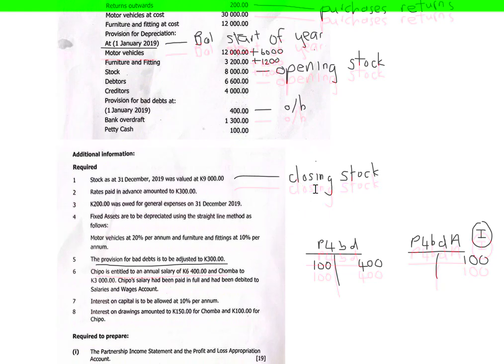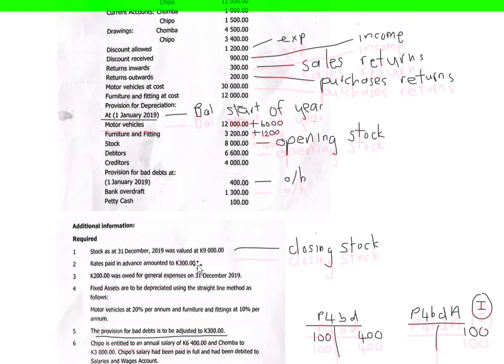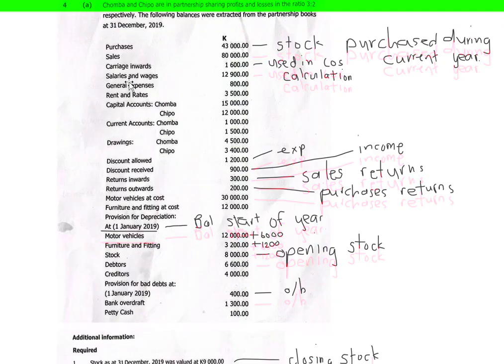We got closing stock. Closing stock is used in calculating cost of sales in this periodic inventory system. We got rates paid in advance, which amounted to 300 Rand, which means we've actually paid too much with regard to the rates account. The rates account is here.